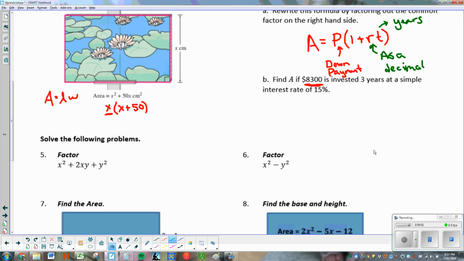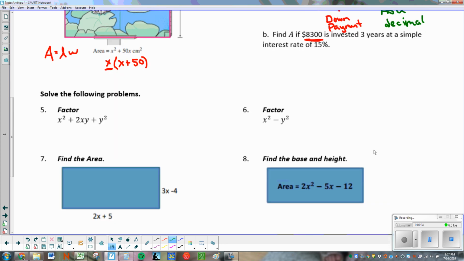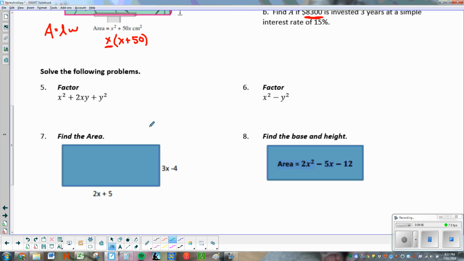Down below, the next problems, they're all about binomial factoring. So just be thinking about that. This is like the second half of what we covered.